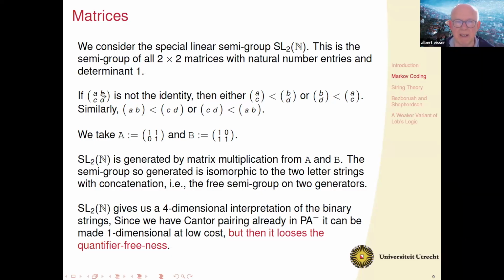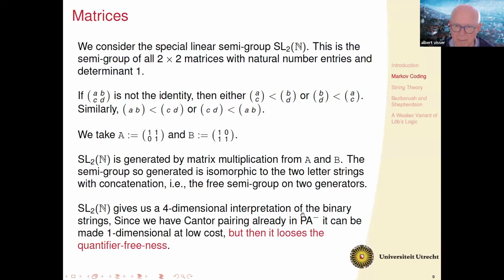The basic thing is that if (A, B; C, D) is not the identity, then either the first column is strictly smaller than the second, or the second is strictly smaller than the first, and similarly for the rows.